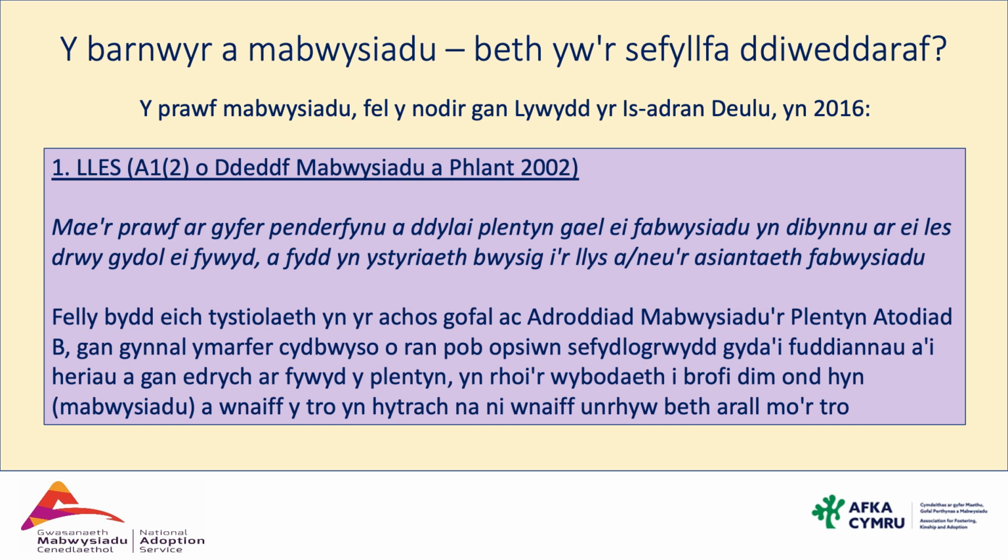The test for determining whether a child should move into adoption turns on their welfare throughout their life. Remember that's the difference between the Children Act welfare checklist and the Adoption and Children Act welfare checklist, which talks about the child's needs throughout their life. And that's to be the paramount consideration for the court and also the adoption agency.